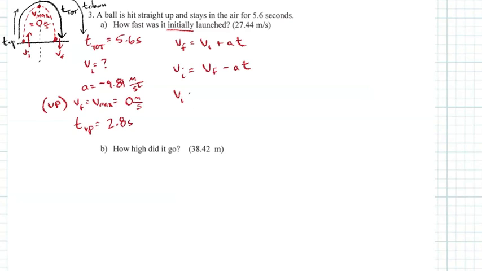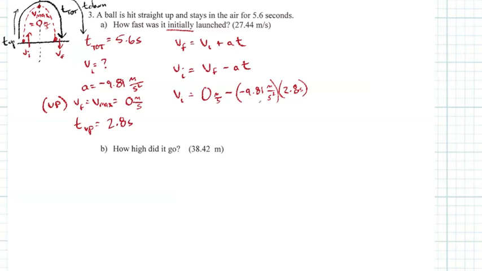So initial velocity equals, what's our V final? That's 0 meters per second minus negative 9.81 meters per second squared times t, which is T up, 2.8 seconds, right? 2.8 seconds.